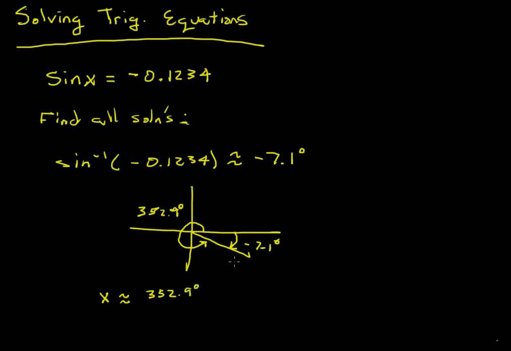Or if you wanted to, you could write negative 7.1. That's okay. There's actually infinitely many numbers we could write there. And we can cover all of those possibilities by putting in an expression like this, 360 degrees times n. In this first instance, I'll write down what n is, but you don't have to always write that. It'll be understood that n is an integer, so that it would be 0, plus or minus 1, plus or minus 2, and so forth.